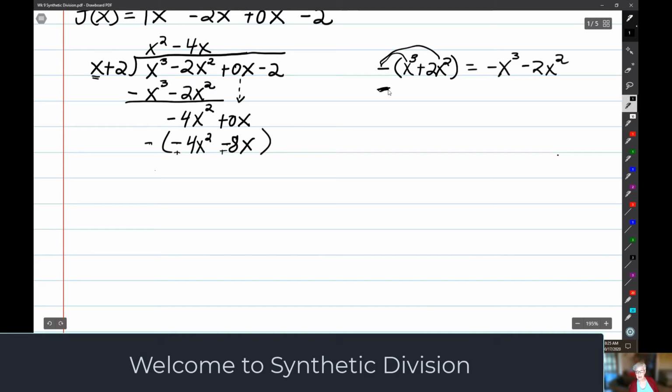You have a negative sign in front of negative 4x squared minus 8x. You distribute the negative sign, and that's going to make positive 4x squared and positive 8x. All right, so I'm going to write this down rather than this ugly kind of statement right there.